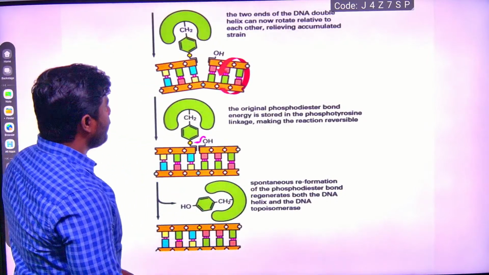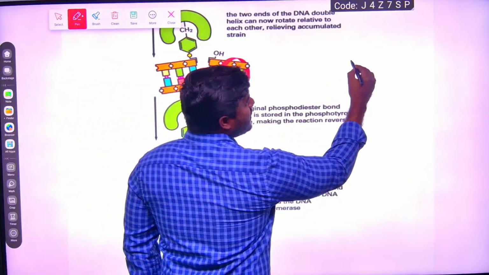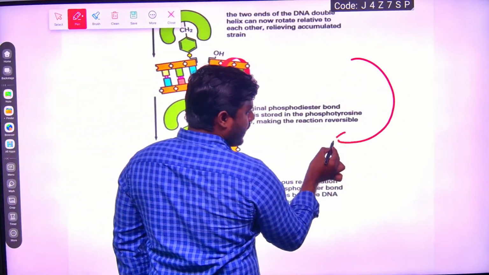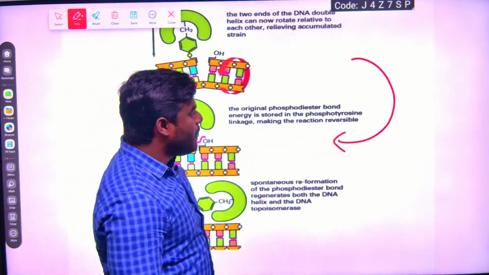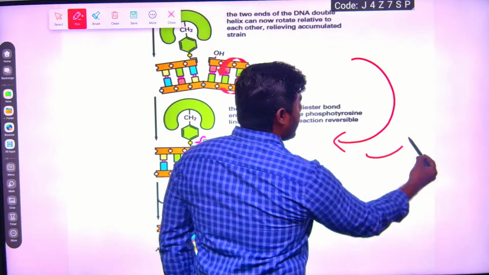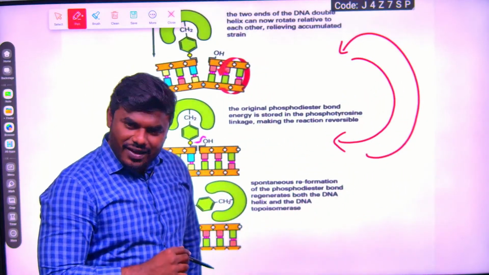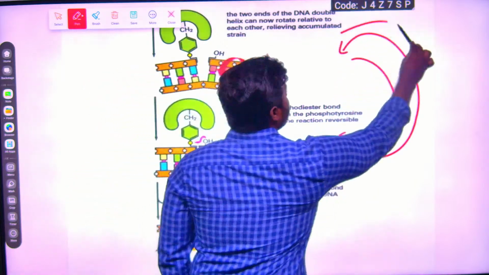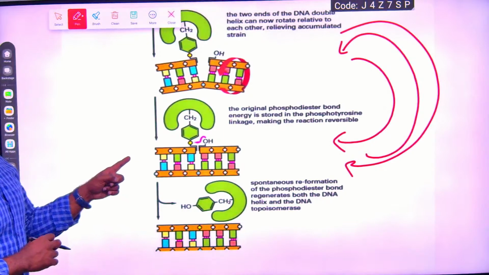You can see here, suppose for example, this is how my DNA looks. See the arrow, this is how it will turn actually. Because of the stress, it turned in this way. Now I can cut it and bring it back to the normal direction. Same thing will happen here.